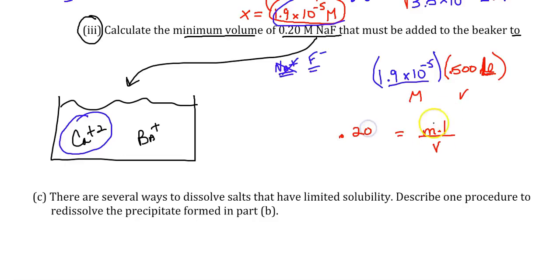So that's all I'm doing here. I can just solve for my moles, molarity times volume, if that's in liters, get my mole here, and then knowing that the initial concentration of this is 0.20, I can solve for it. Or I can use my dilution formula, which is MV equals MV. Either way, that's what we're doing here.